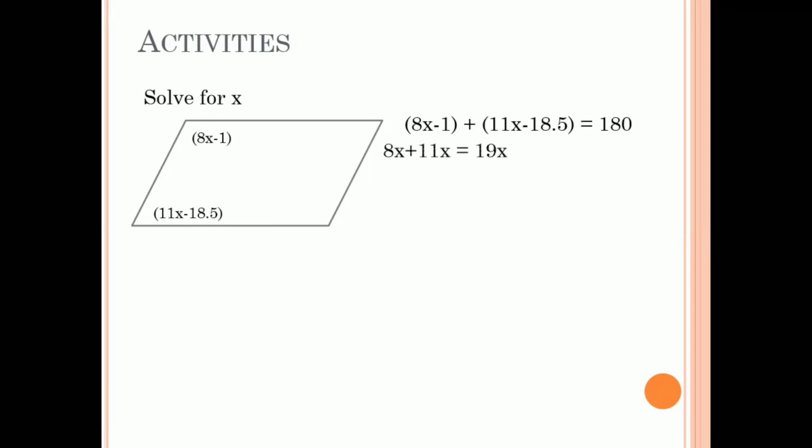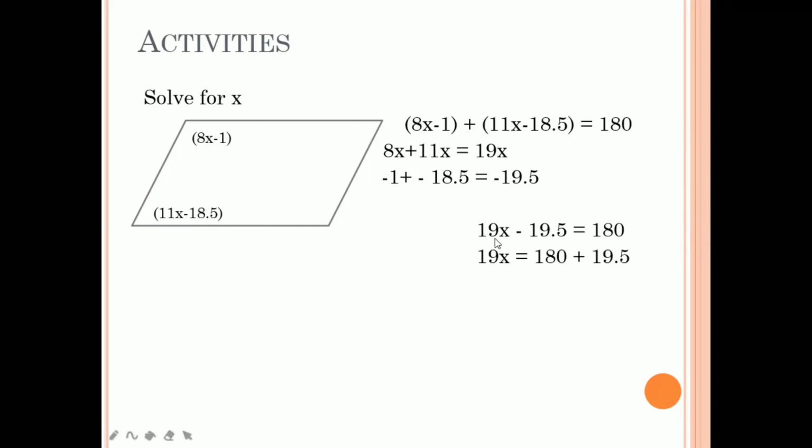Then let us combine like terms. We have 8x and 11x. 8x plus 11x equals 19x. Then negative 1 plus negative 18.5 equals negative 19.5. So we now have the new equation: 19x minus 19.5 equals 180.